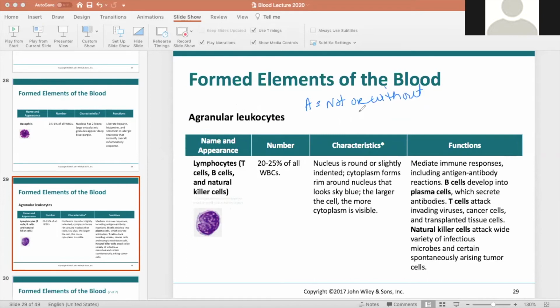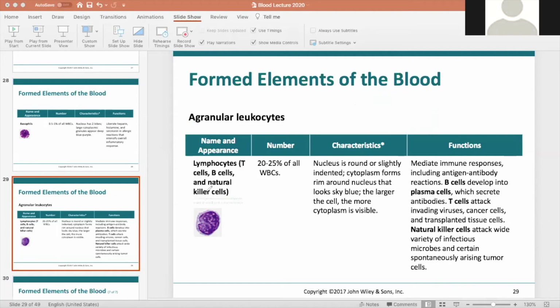This is just another example: if pnea means breathing, then apnea, a in front of the word, would mean not breathing. So a means not or without, so agranular means no granules.